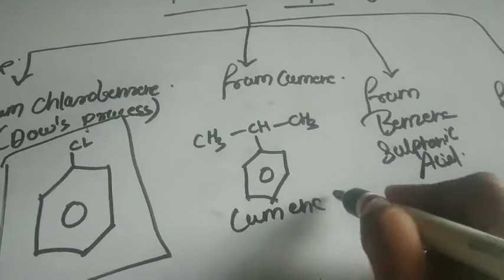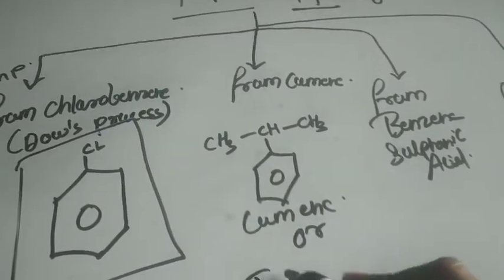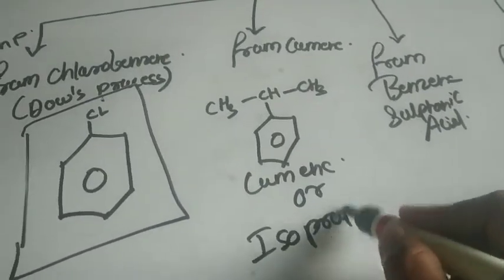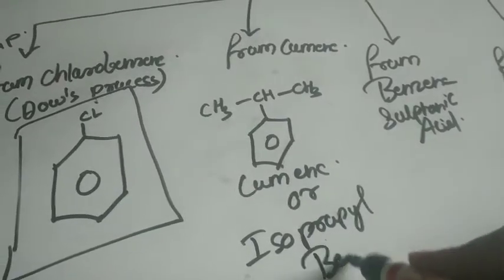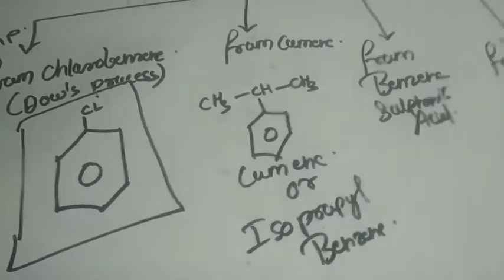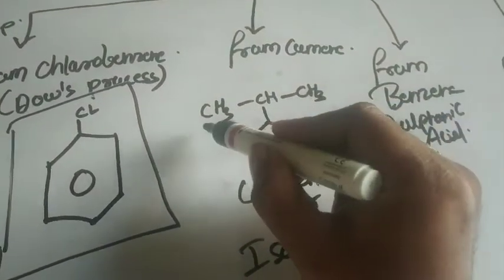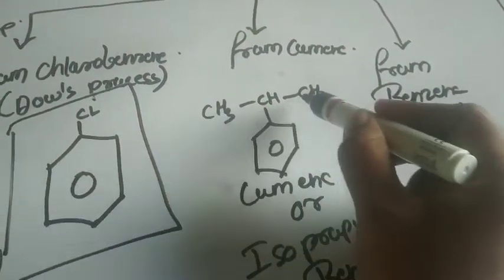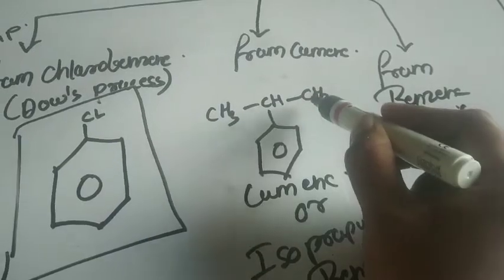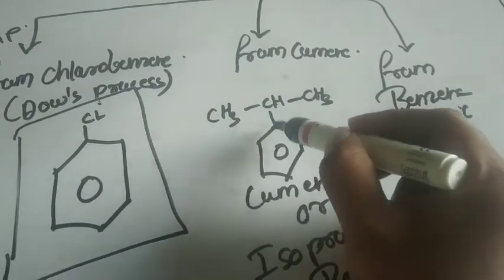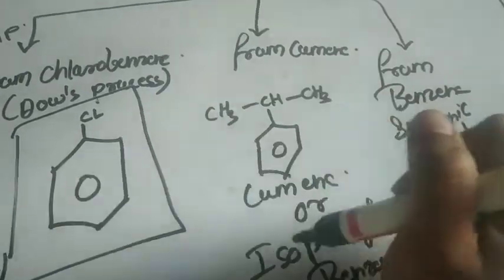Cumene has another name as well, that is called isopropyl benzene. Why is it called isopropyl benzene? See, this is a carbon chain of 3, so the parent alkane will be propane. One of the hydrogens is replaced by the benzene ring, so it becomes a propyl.